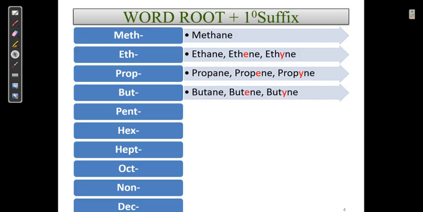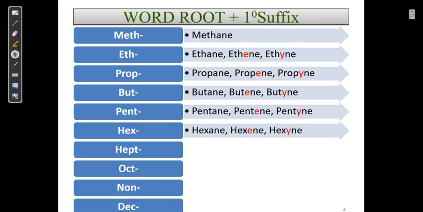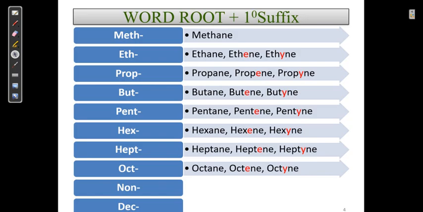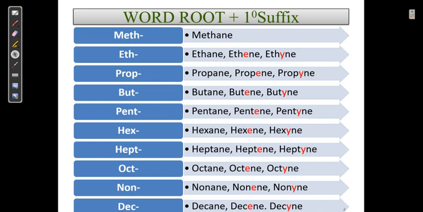Butane, butene, butyne, pentane, pentene, pentyne, hexane, hexene, hexyne, heptane, heptene, heptyne, octane, octene, octyne, nonane, nonene, nonyne, decane, decene and decyne. So this is the very basic norm of word root plus primary suffix.